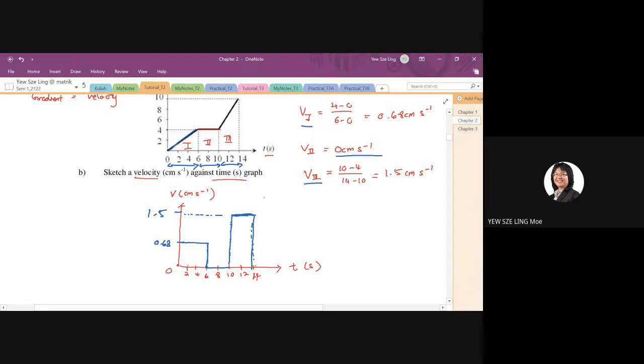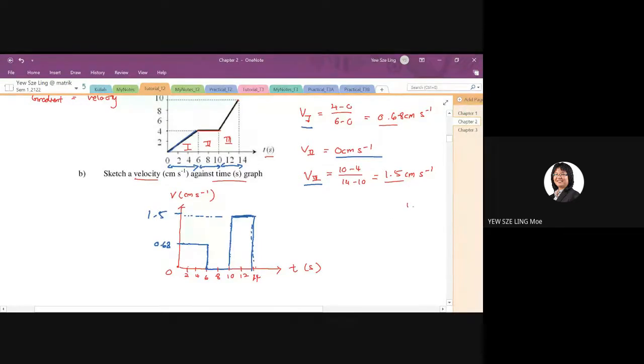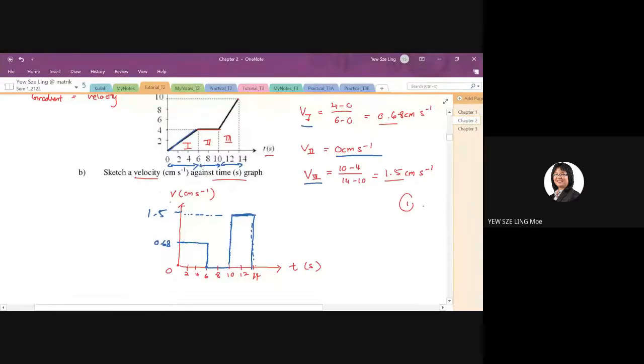Now, how to calculate the marks in this question? Because this question needs you to calculate the values 0.68, 0, and 1.5, usually all this calculation is worth 1 mark in an exam. And then you label the graph correctly, with the correct axis and the correct unit.